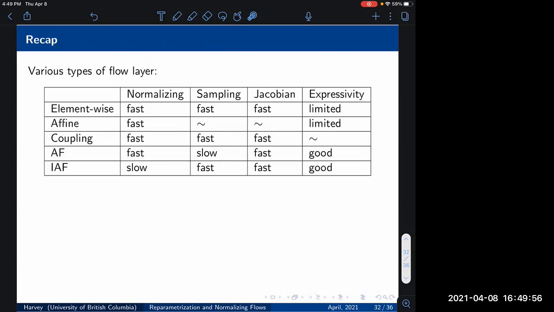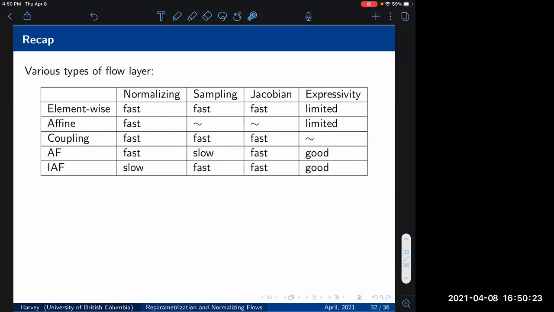Coupling flows are constructed to be quite fast at any operations, but they're not as expressive as these autoregressive flows. These autoregressive flows are very nice and expressive, but they're limited by being slow in at least one of the directions that you would like to run them in.